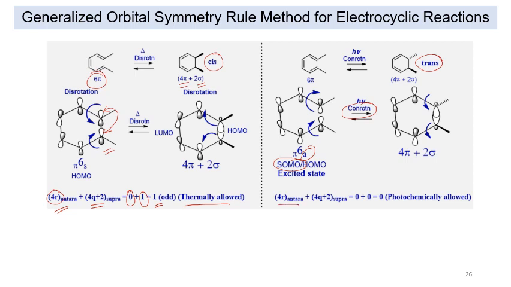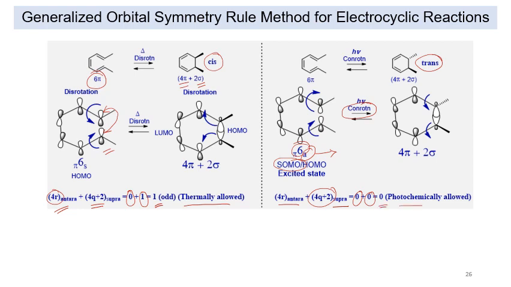So let us see what we have. Do we have a 4R antarafacial system? No, we do not have a 4R antarafacial system because this is 6. Do we have a suprafacial interaction conforming to 4Q plus 2? No, we do not have because this is antarafacial. So there are 0 components in both the cases and this is 0.